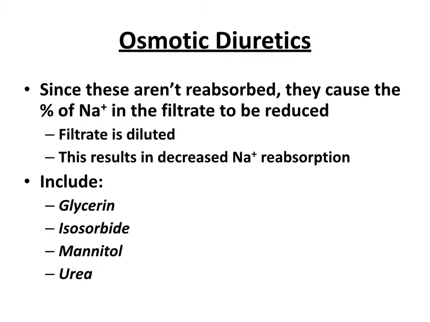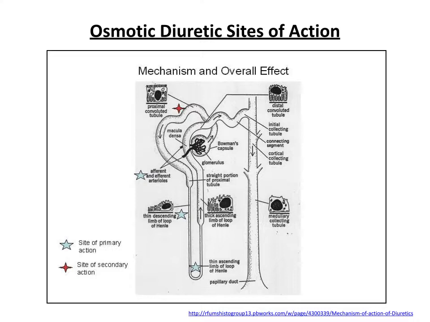And this slide just highlights where these osmotic agents have their primary site of action and secondary sites of action. It's got this little star here at the afferent and efferent tubules, right? So these agents get filtered out into the filtrate, but again, they're not going to get reabsorbed.